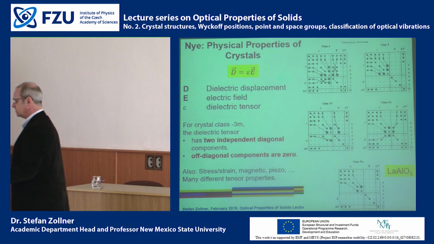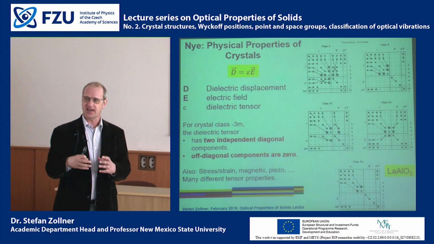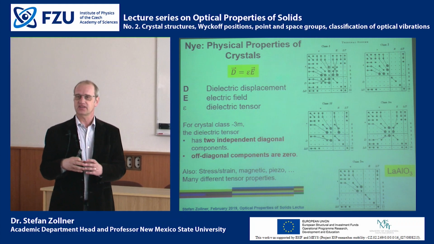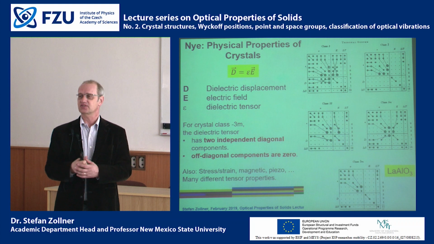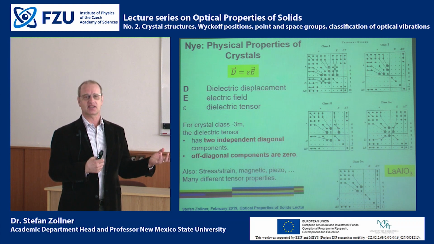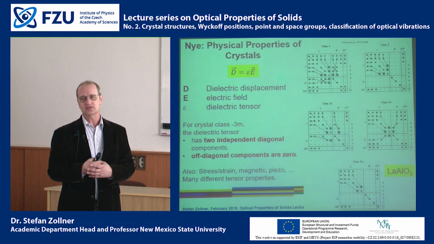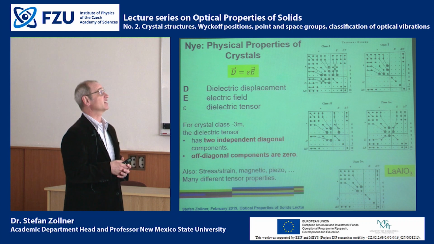Nye is a very good reference volume, because if you have a crystal, then you're interested in what the properties of this crystal are. If I apply an electric field, how will the material deform? That will be a piezomechanical property.